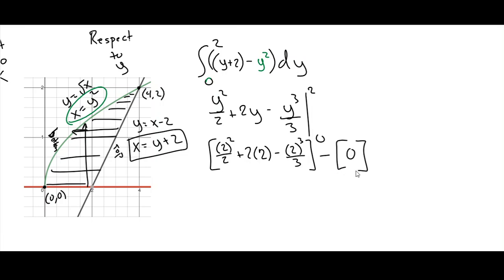So over here, 2 squared is 4, divided by 2 is 2, plus 4 minus 8 over 3. So this is 6 minus 8 over 3. Common denominator would be 3, so this would be 18 over 3 minus 8 over 3, which gives us 10 over 3. Hey, look at that.